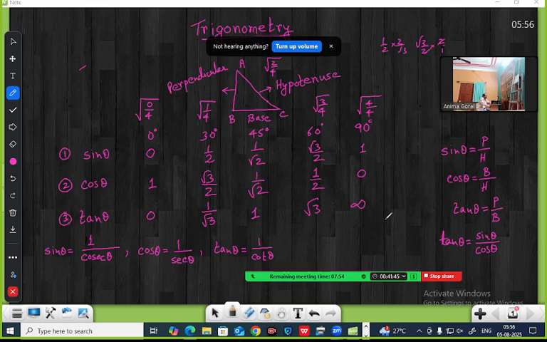Now we find how to find the different values of sin theta, cos theta, and tan theta. First of all, we are clearing all the drawings.